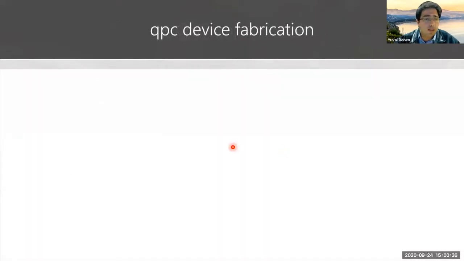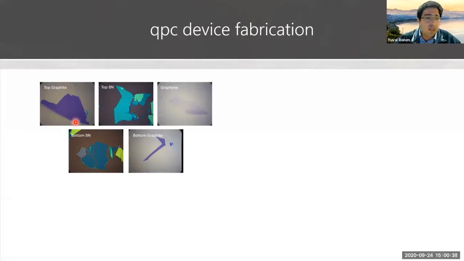Okay, so how do we make these devices? This is a picture that I like just because it shows you what you start with. These are the initial flakes that we start with: a graphite flake, a BN flake, and a graphene flake. And this is, in the end, what's changing the MBE.